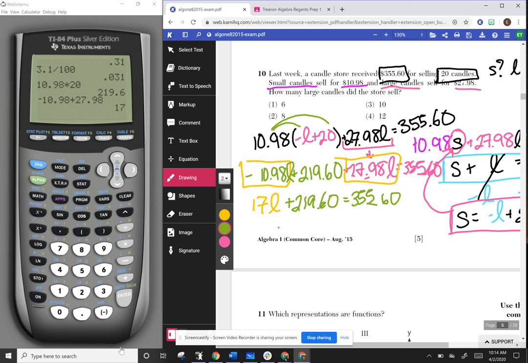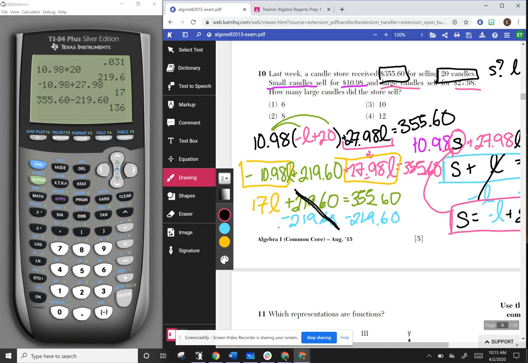Continue to solve for L, meaning that we can subtract 219.60 on both sides. So 355.60 minus 219.60, we get 136.